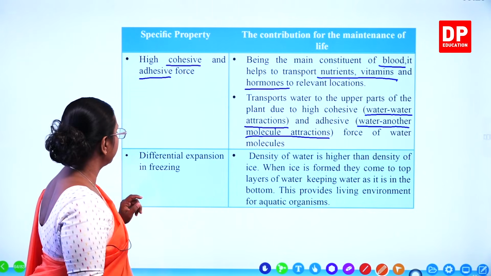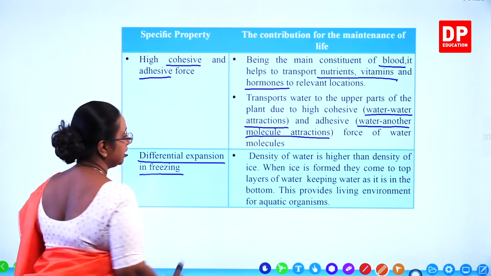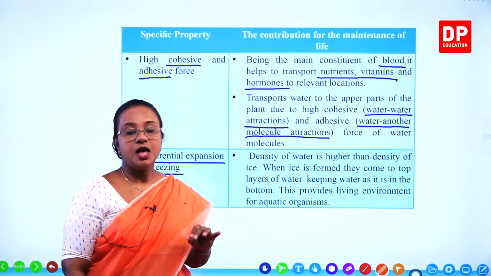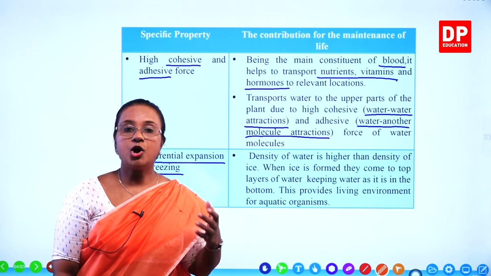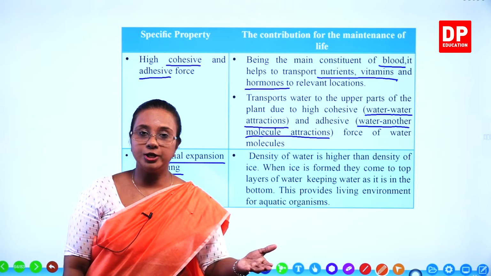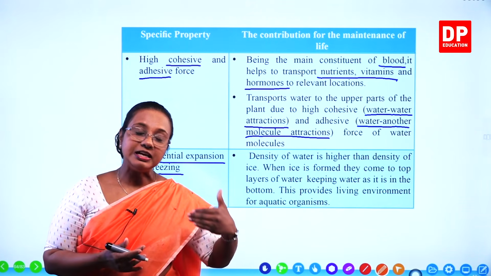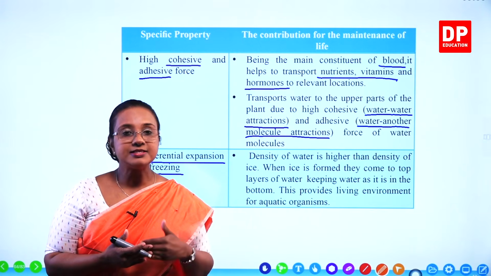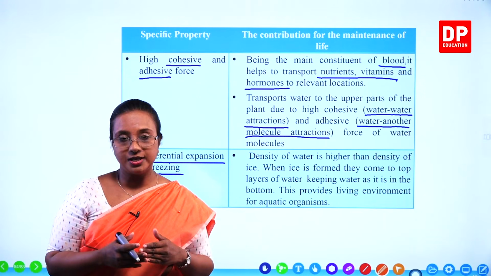Then the next property is called differential expansion in freezing. Now, all substances have a density. You all know density is related to mass and volume. And water, that is the liquids, when you decrease the temperature at a certain temperature, they freeze and become solids.